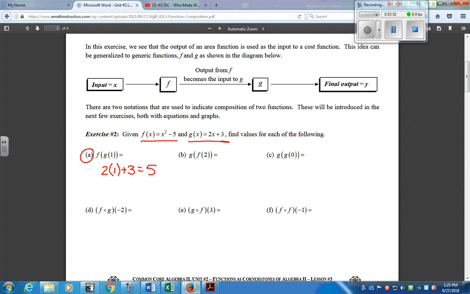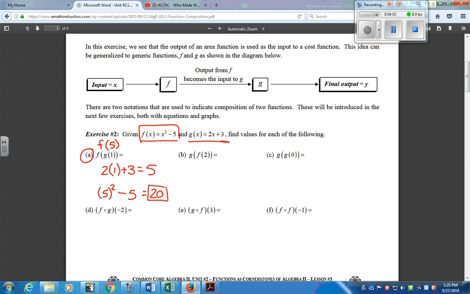Now, what happens next is I have to figure out what f of 5 is. So I take the answer from the first one, and then I put it into the other rule. That rule's right here, x squared minus 5. So instead of putting 1 in, I'm going to put the 5 in to f, and I'm going to subtract 5. So in this case, 25 for 5 squared minus 5 would be 20. So my final answer is going to be 20 in this case.